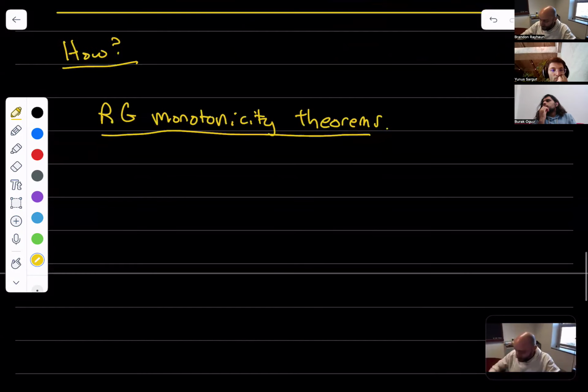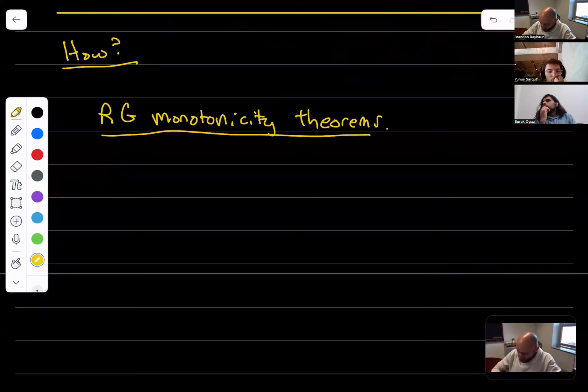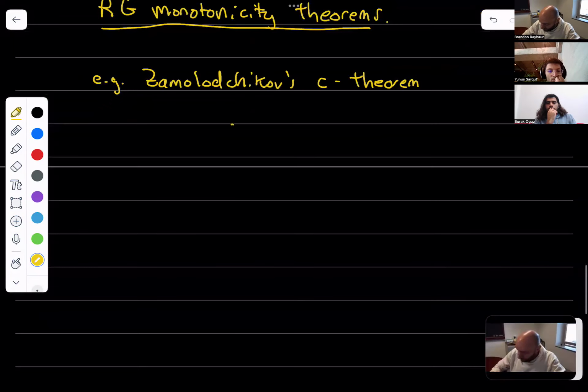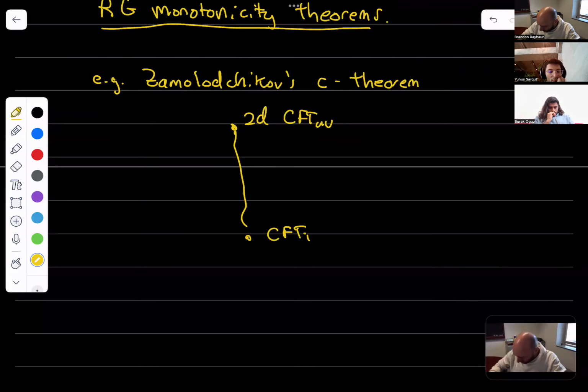The most famous example of an RG monotonicity theorem, and I think probably the first, is Zamolodchikov's C theorem. What it says is that if you have some kind of flow between 2D unitary, let's say compact, CFTs, there's this quantity that you can associate to a CFT known as its central charge.